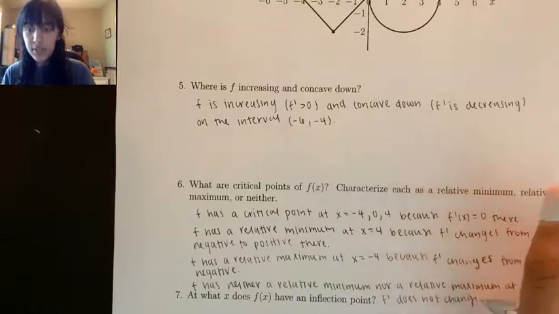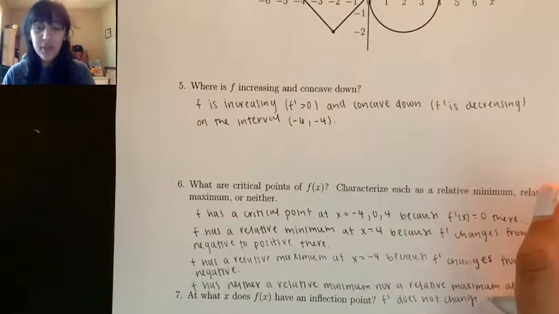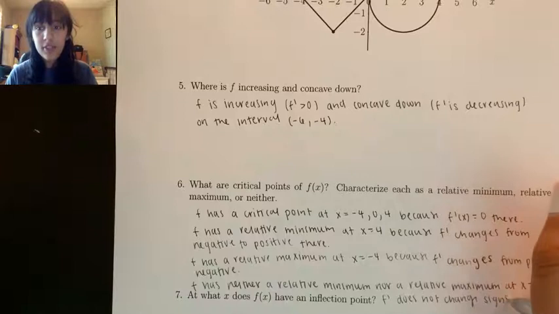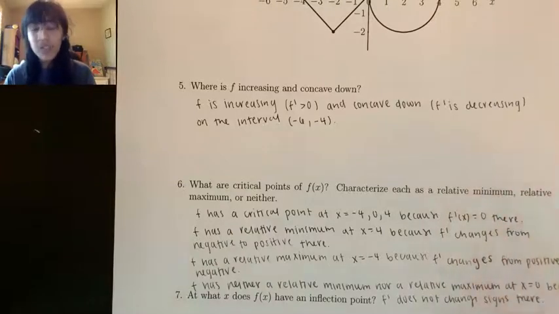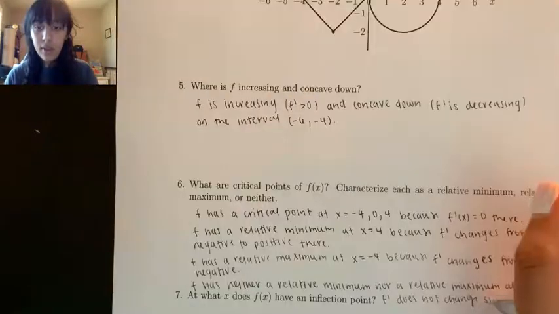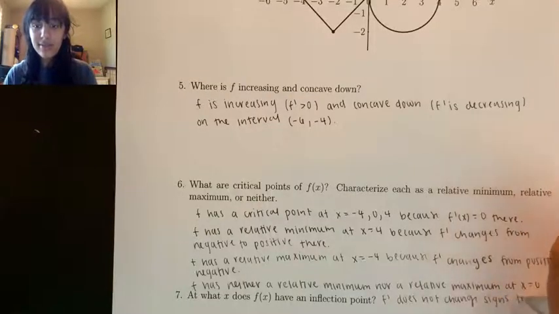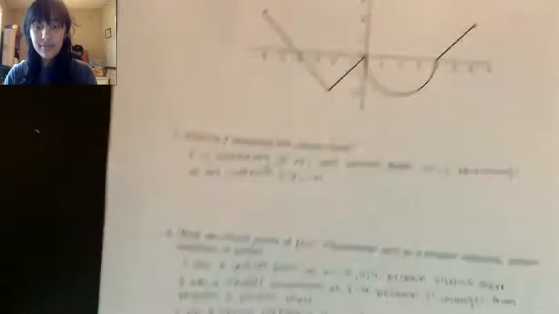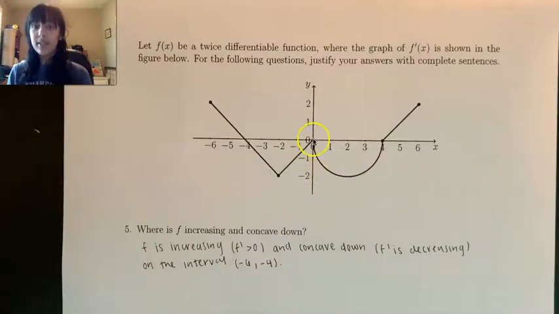I'm showing the answer first, but that's just what you would write. You do have to put a justification if you're going to say neither, but you would just write that it doesn't satisfy the other two. As you can see at 0, it's not changing signs. It's staying negative under the x-axis the whole time.